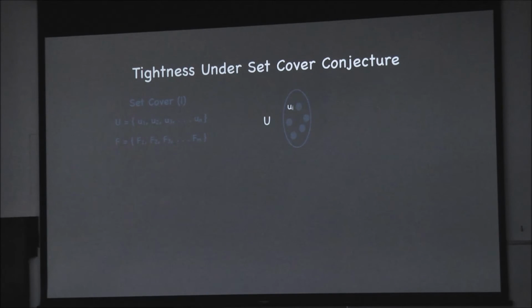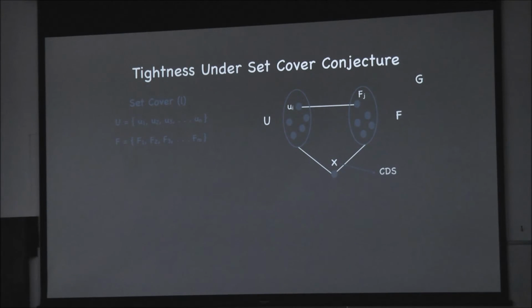And for every set in the family, we have a vertex in the graph again. Both are independent sets, there are no edges among them. And if an element ui is present in a set fj, we put an edge. Very natural reduction. In addition to that, we add a new vertex x and make it adjacent to everything in U and everything in F. It's a universal vertex.